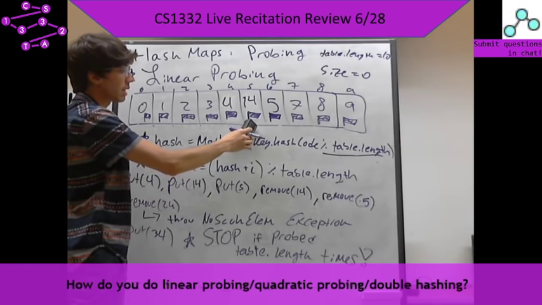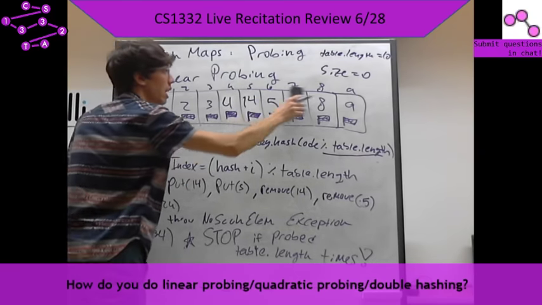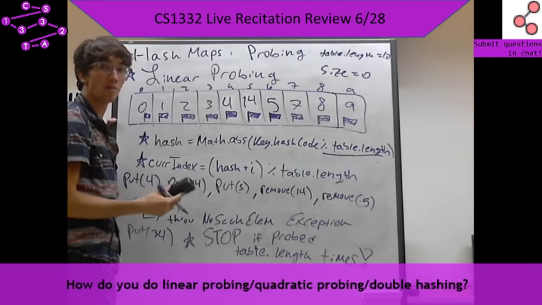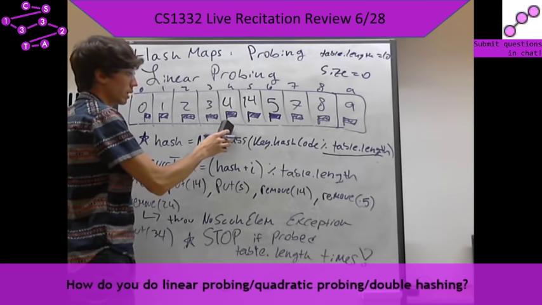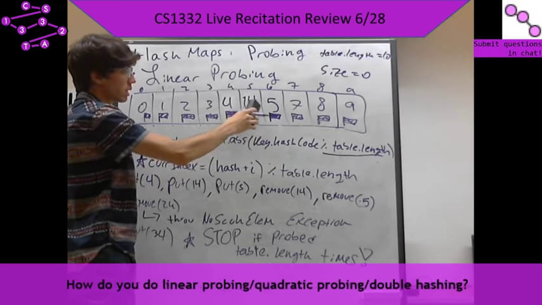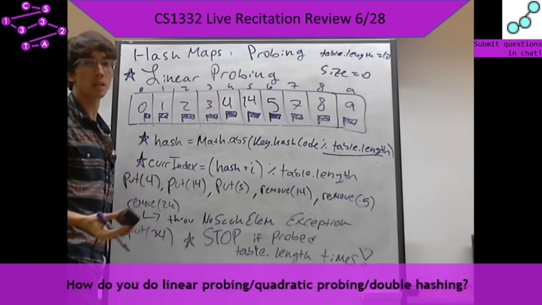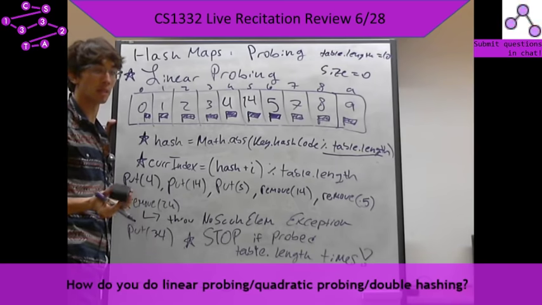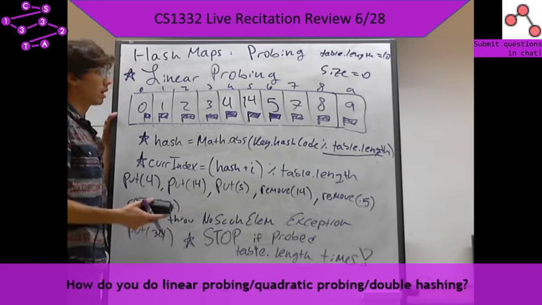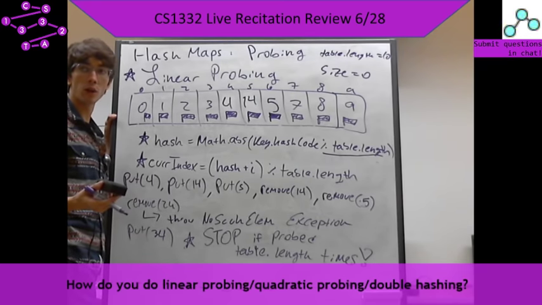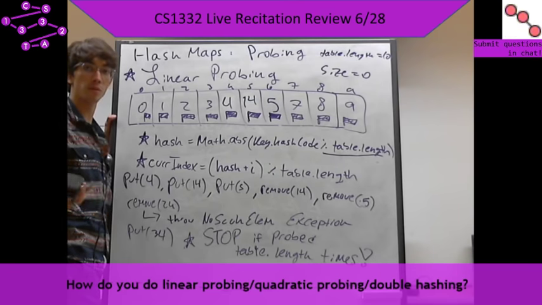Because we've come across the key and it's already been removed, that guarantees there's not another non-removed version of that key in the hash map. So in remove, we'd land here, probe once, see that our key matches and is flagged for removal, and immediately throw a no such element exception, just like we did here in 24. Does that answer your question on the optimizations for linear probing with removed map entries?